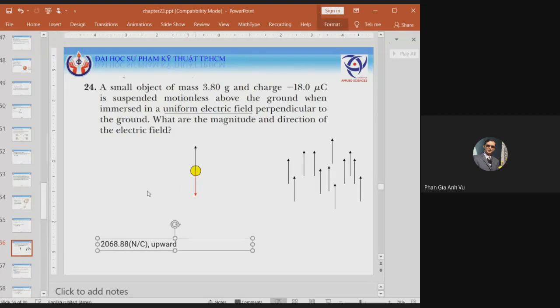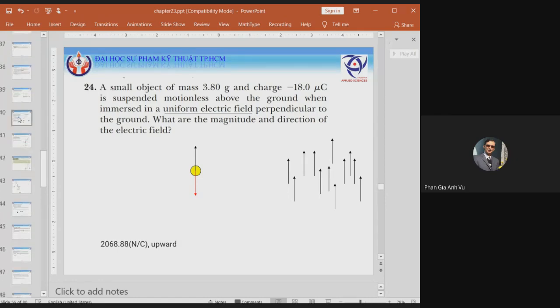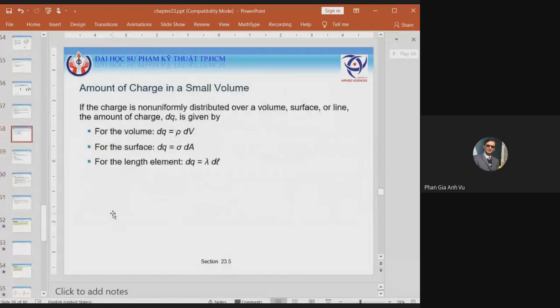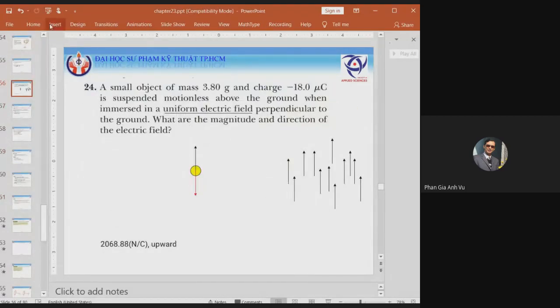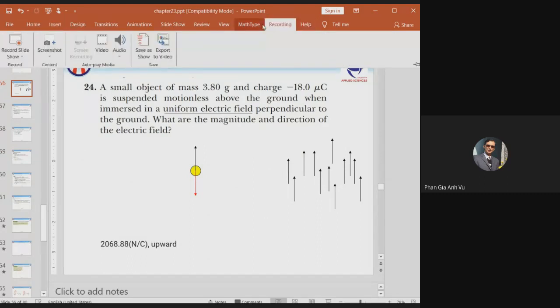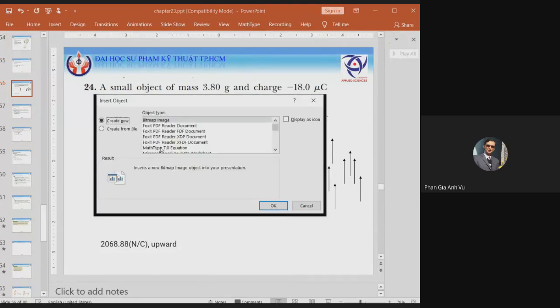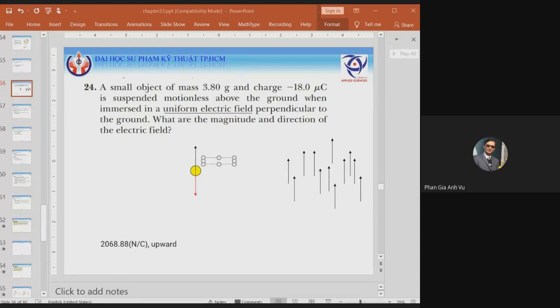So first of all, the force will be, let's say, I write like Fe plus Fg, the gravitational force, is 0 for the equilibrium, right?